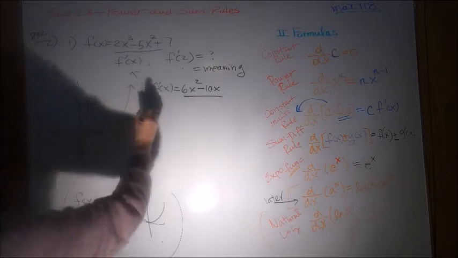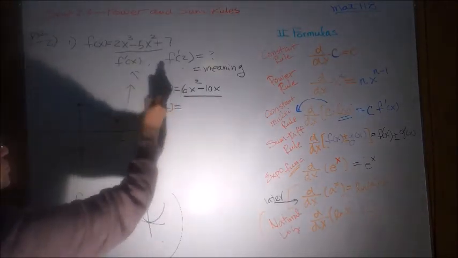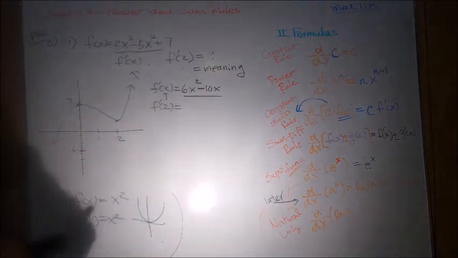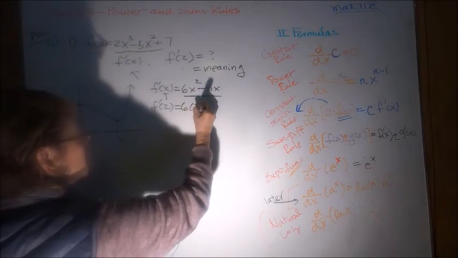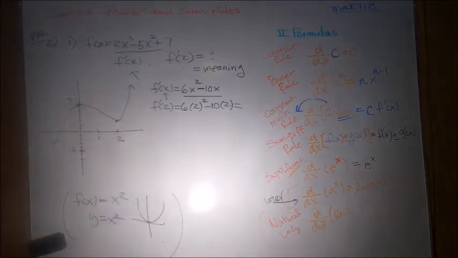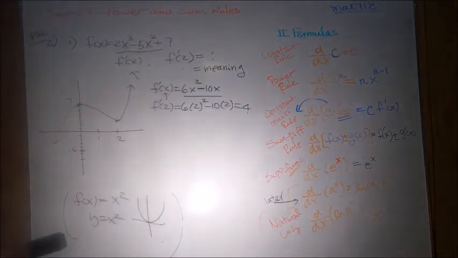Then f prime of 2 means what? You plug in the value to x. So that will be 2, 2, 4 times 6, right? So you plug in. So the value is what? It's 4. So what does it mean?